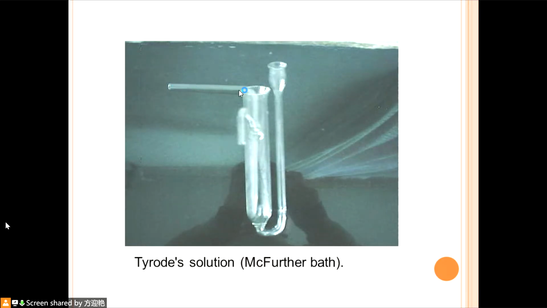First we tie the intestinal segment with one thread and fix it to the ventilation tube, and the other thread is connected to the tension transducer. We can see here the bath filled with Tyrode's solution, with the intestinal segment in it, and also an oxygen supply.